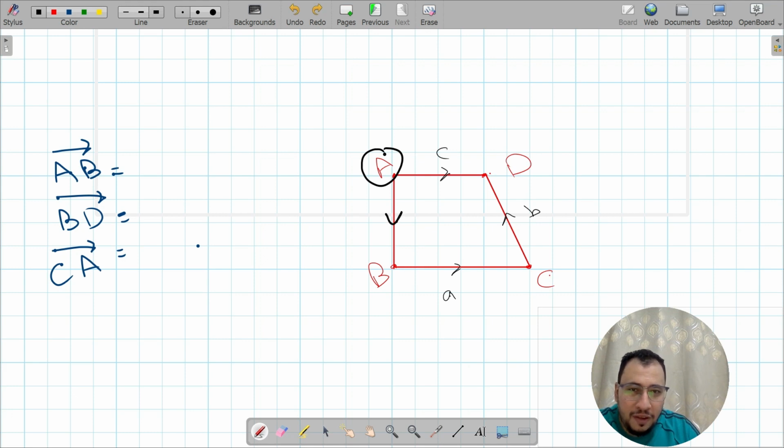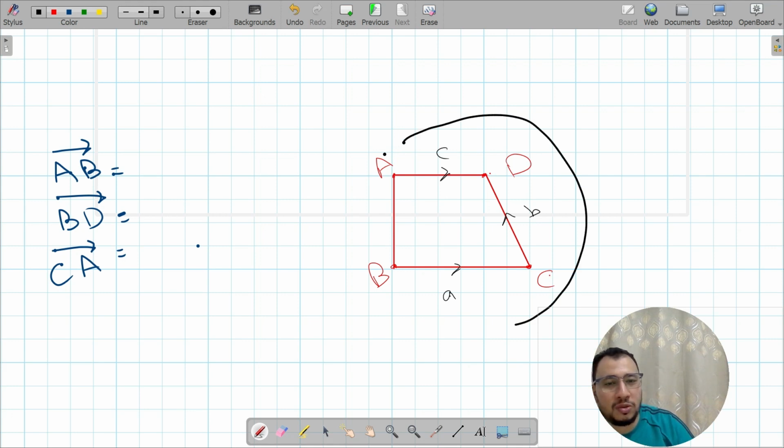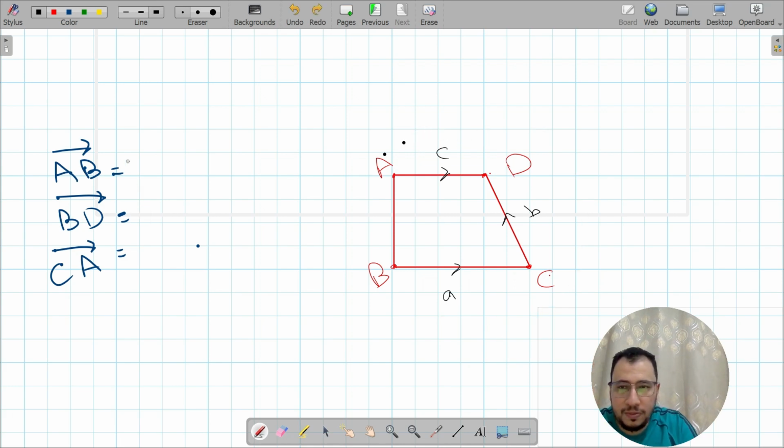Directly, you have nothing here from A to B. That's why you don't know what to do. You have to go around the shape. To go in this direction, you are in the same direction of C, so you are going to write C.